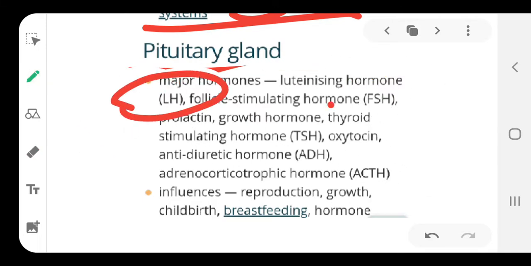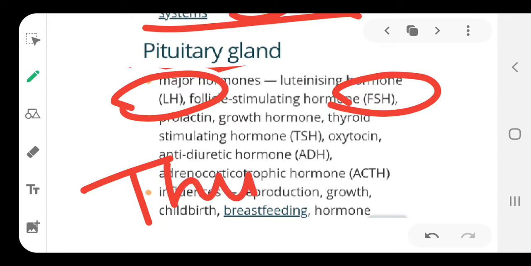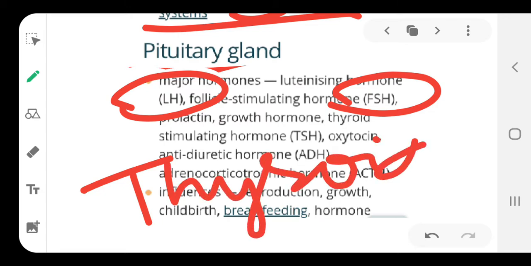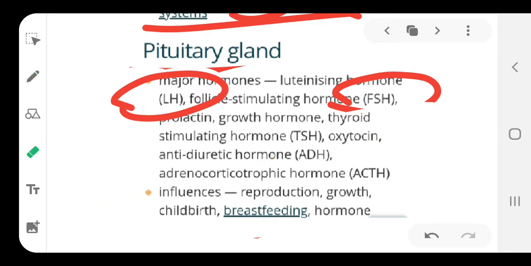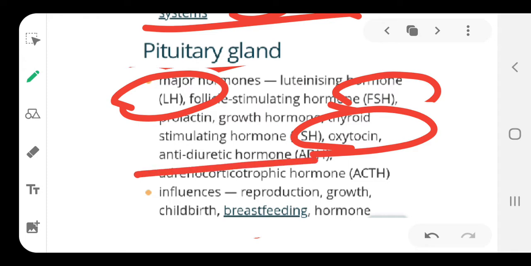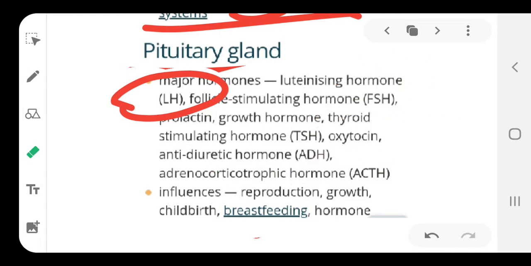First one was LH, then FSH, then TSH, that is again thyroid. So, that means this gland stimulates the thyroid to produce thyroxine, the hormone. So, it is called thyroid stimulating hormone. Then I just told you oxytocin, then ADH, I just told you antidiuretic hormone, and the new name coming for you is called ACTH.